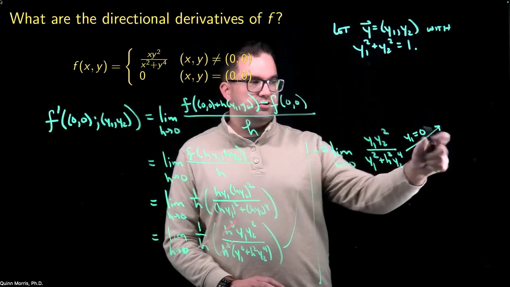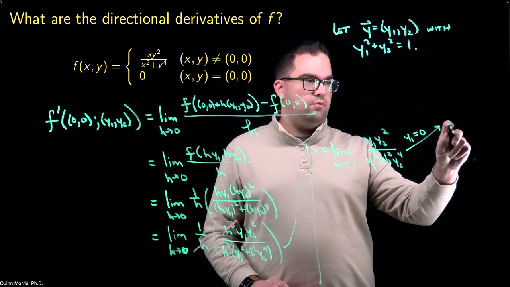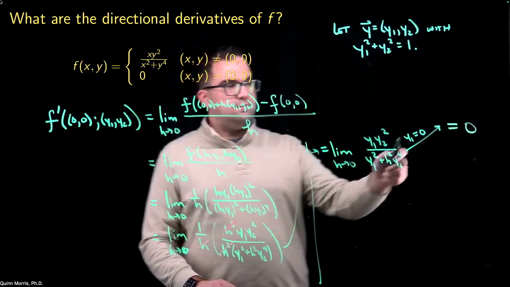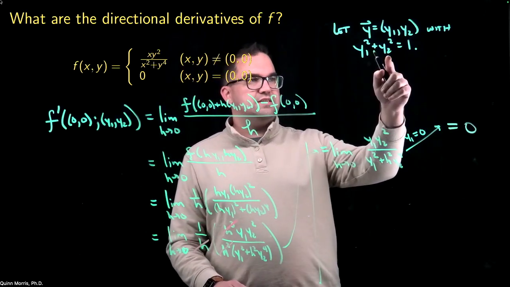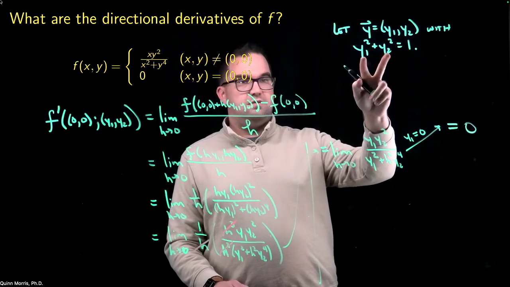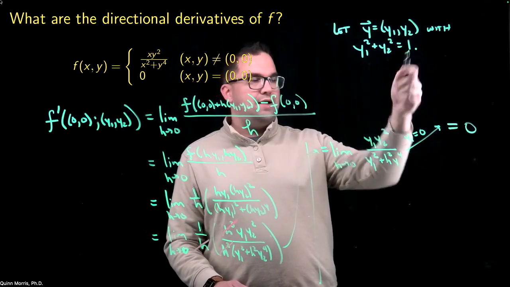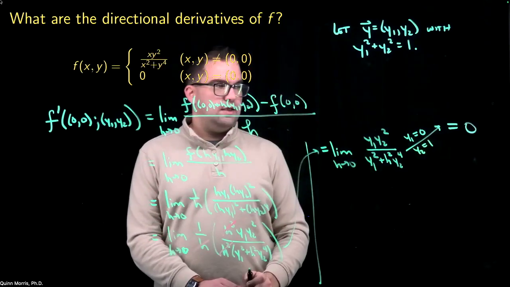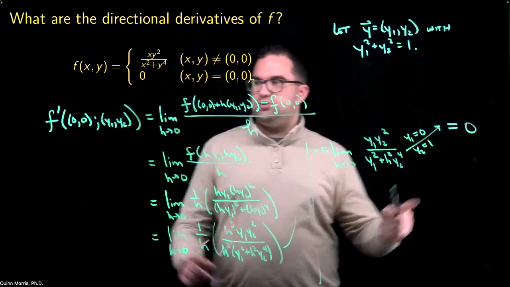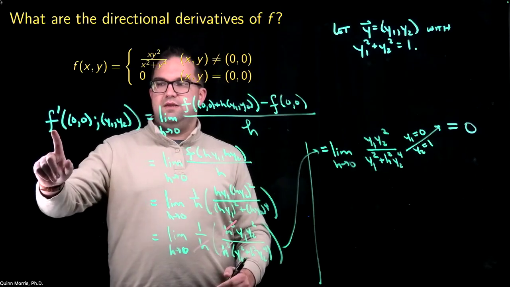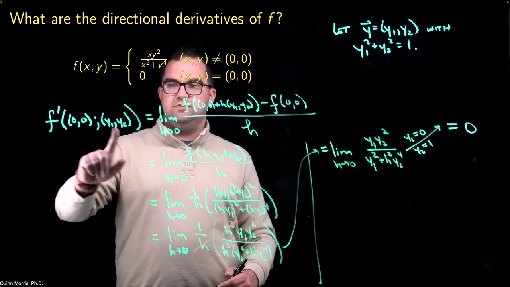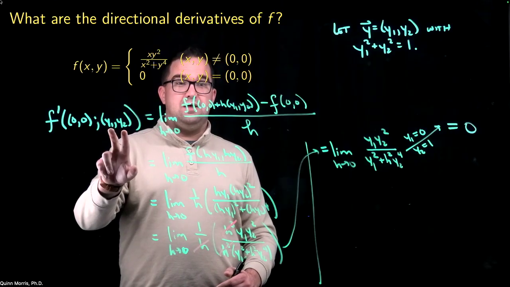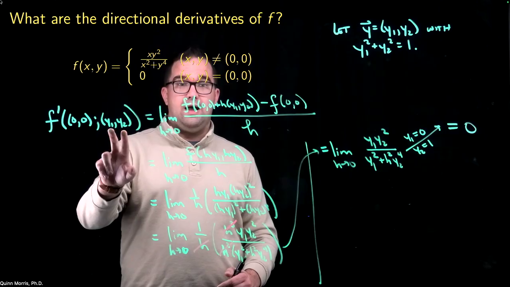So the limit will be equal to 0 if y1 is equal to 0. Notice that if y1 is equal to 0, the condition up here, that the vector has norm 1, forces y2 to be 1. So really, this is giving us the directional derivative at 0, 0 in the direction (0, 1). That's actually just the partial derivative with respect to y.